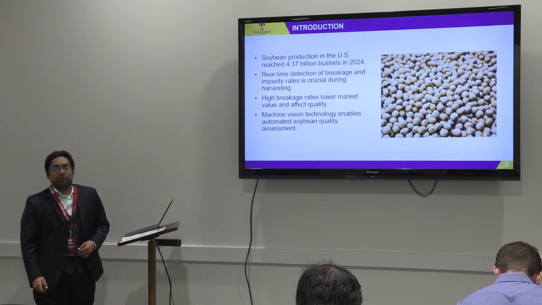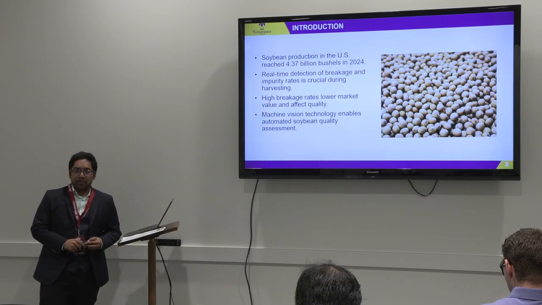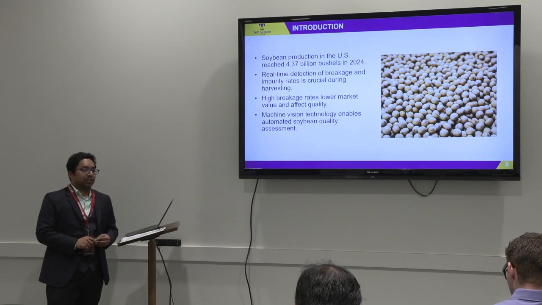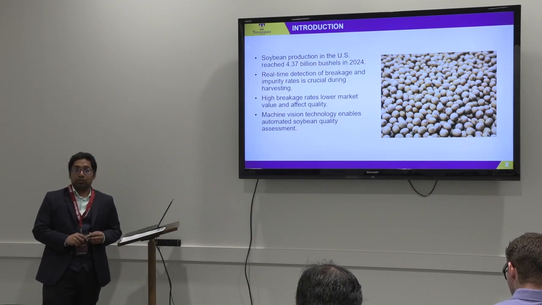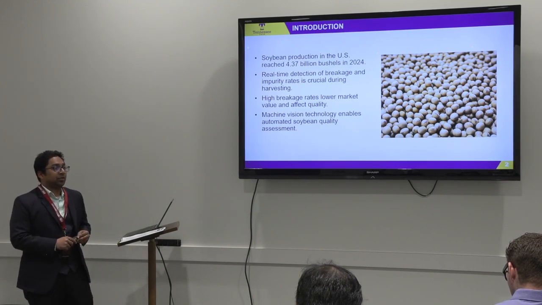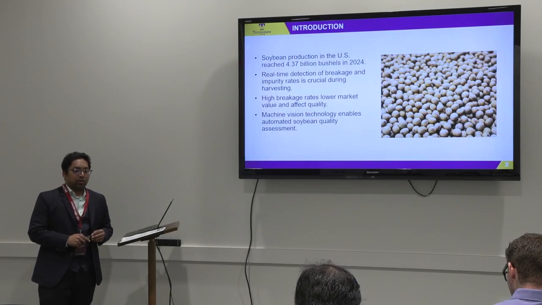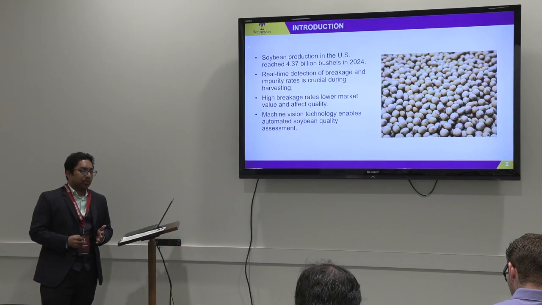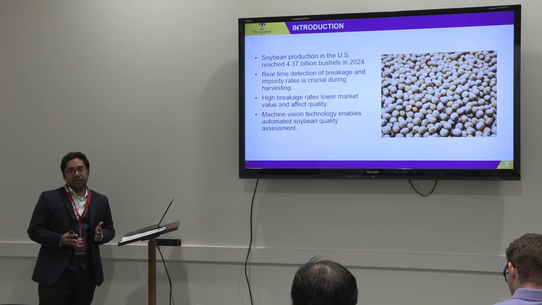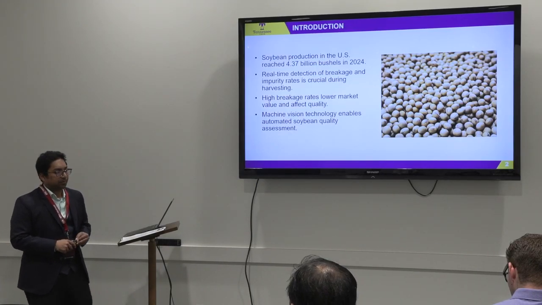Soybean is one of the most important economic crops, and the US produced 3.47 billion bushels of soybean in 2024 alone. After harvesting, the important thing to consider is finding the broken and split soybeans and also the impurities.